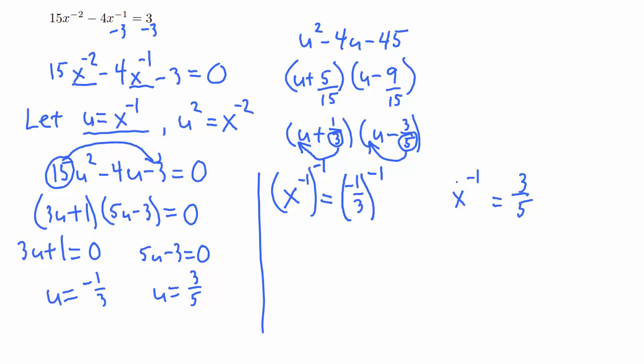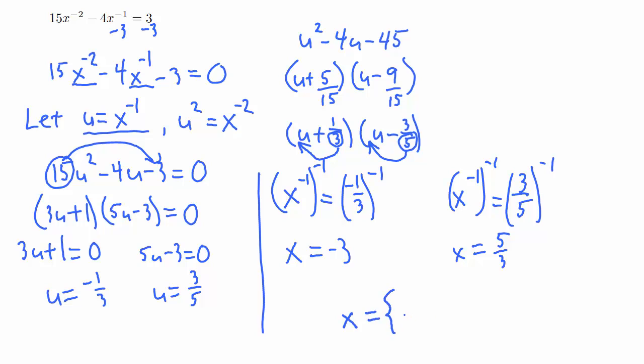So I'm going to take both sides to the negative 1 for both equations. The left-hand side is just x, but remember, a negative 1 exponent just takes the reciprocal of the base, which gives you negative 3 here, and the reciprocal of 3/5 is 5/3. So your solution set is going to be negative 3 and 5/3.